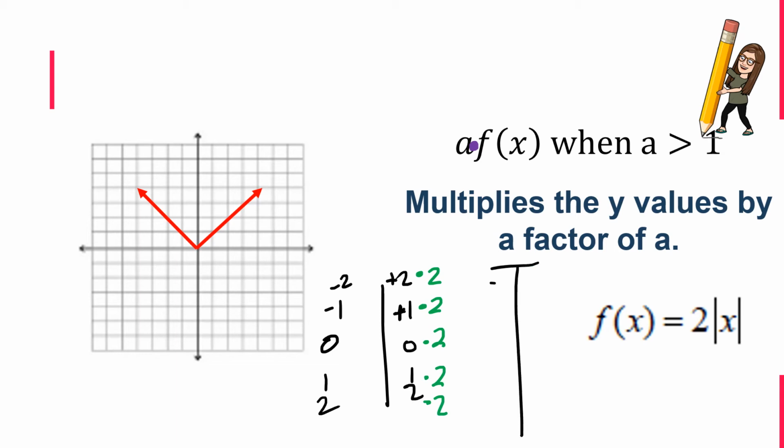So now you can see that that's going to make my y values larger, which means it's going to be skinnier. If I graph those points, I'm going to have -2, 4, -1, 2. See how that's skinnier already? If the A factor is greater than 1, it makes your graph skinnier. It stretches it.